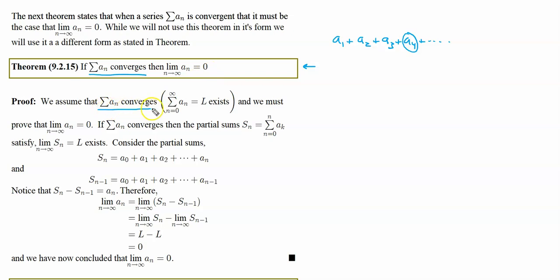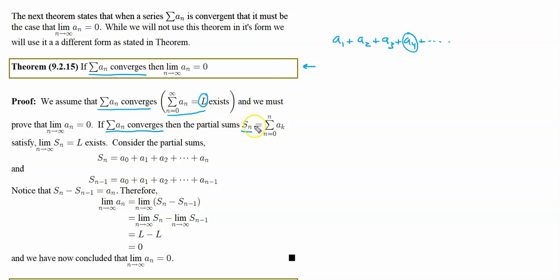If we assume the series converges, that means that the summation of your an terms is equal to some number L that exists. We must prove the limit of the an terms is 0. Now what does it mean to say that the summation converges? It means that the limit as n goes to infinity of your nth partial sums is equal to this number L. Remember, that's what we define convergence to mean.